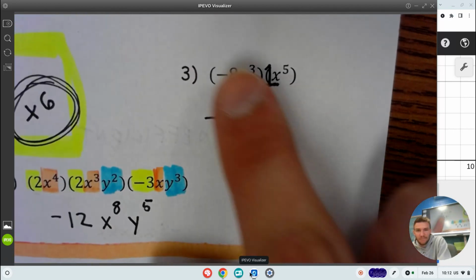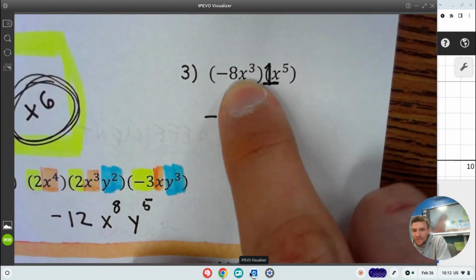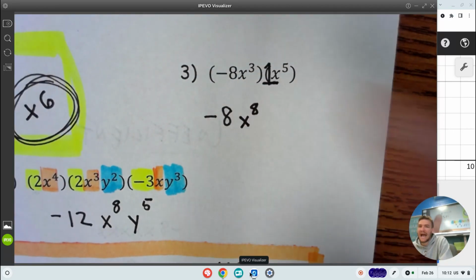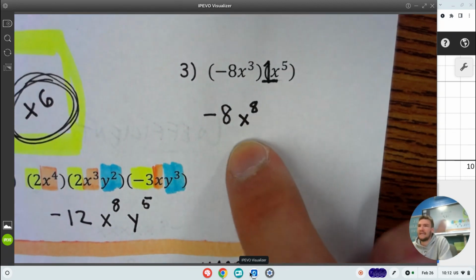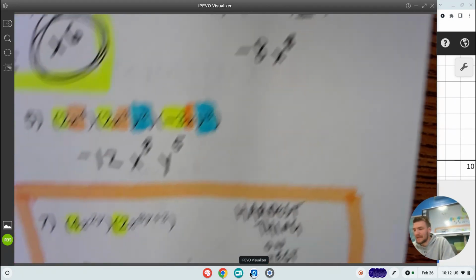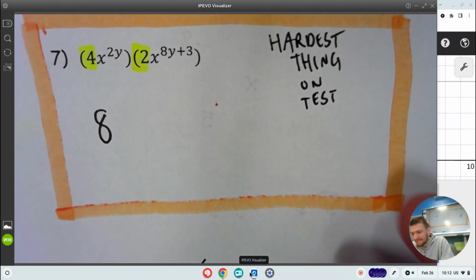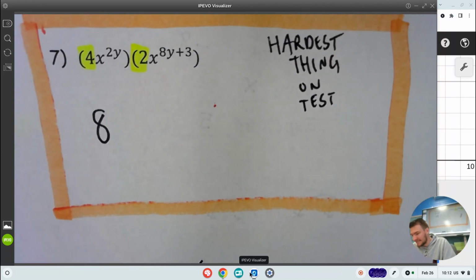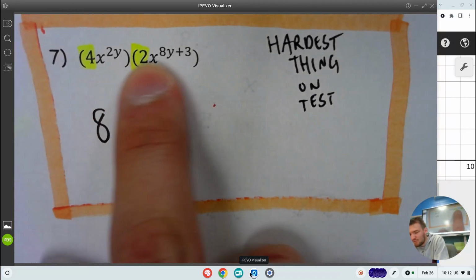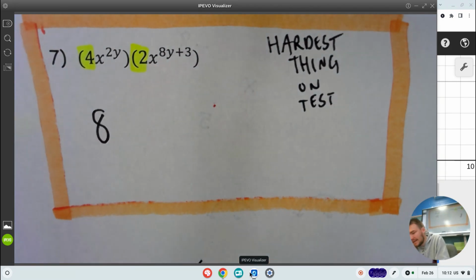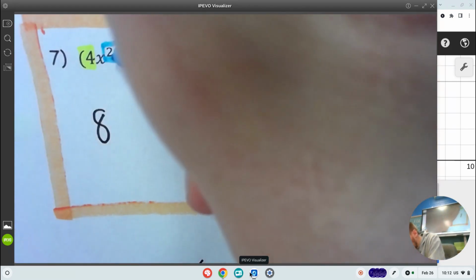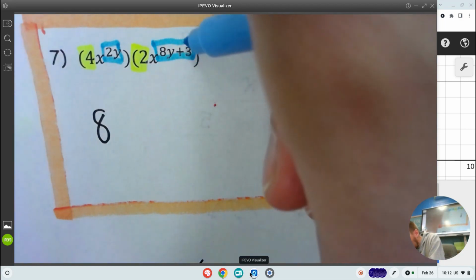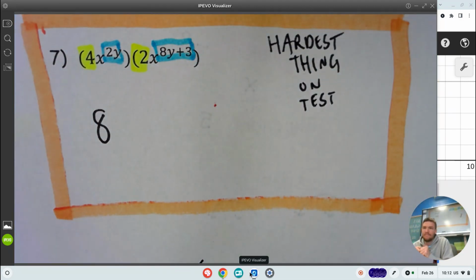So when I look at number 3, 3 x's, 5 x's, add them up, you get 8. 3 plus 5 makes 8. Easy, okay? Now, what makes number 7 so difficult, obviously, is that we have this crazy exponent, okay? We have 2y and we have 8y plus 3, all right?